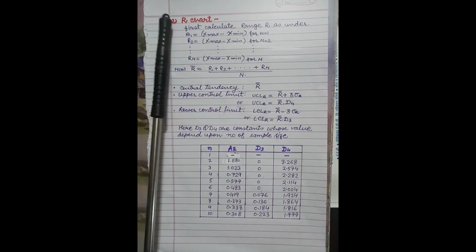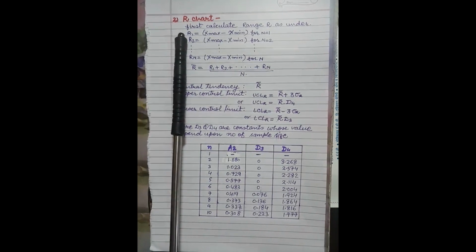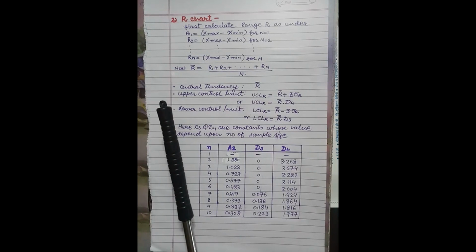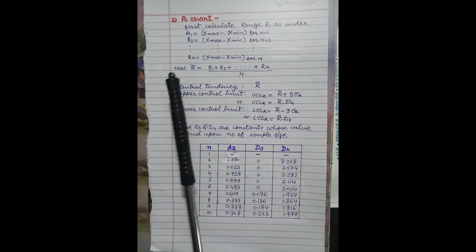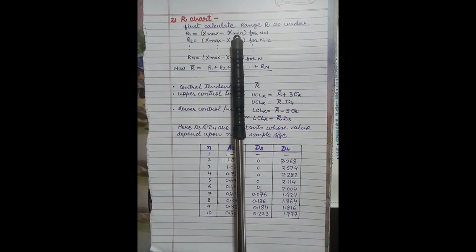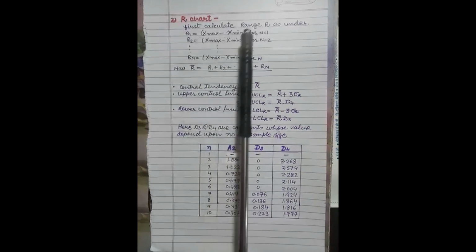Similarly, for the R chart, we have to calculate first the range R. R is the range, meaning in the first subgroup, we have 5 dimensions. Out of 5, the minimum dimension is x minimum and the maximum dimension is x maximum. So we have to calculate the difference of these two, which is denoted as R1.